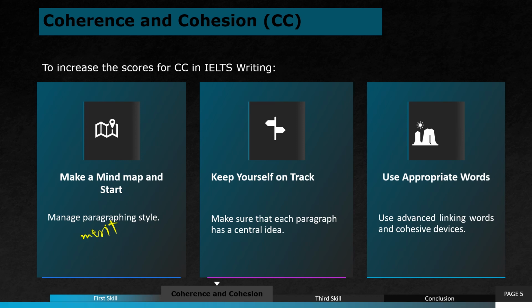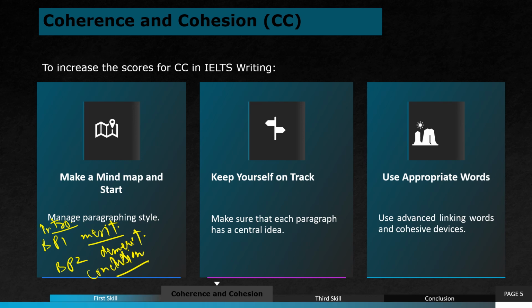Okay, next. First, suppose you are going to write merits of studying abroad in BP1, and you are planning to write demerits of studying abroad in BP2, and in the last I'm going to write the conclusion. It means you are making a mind map.